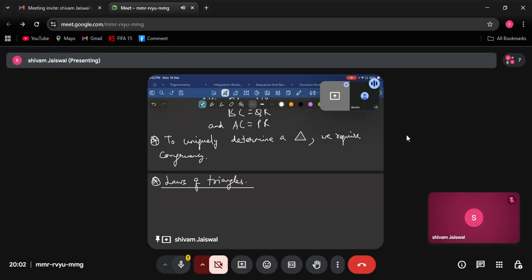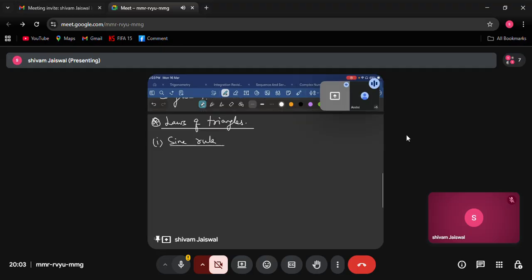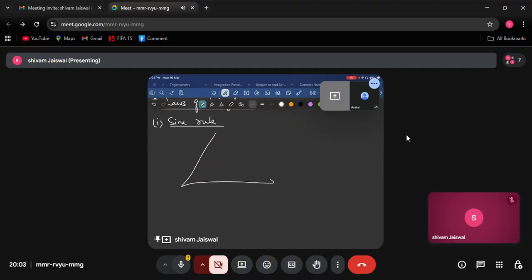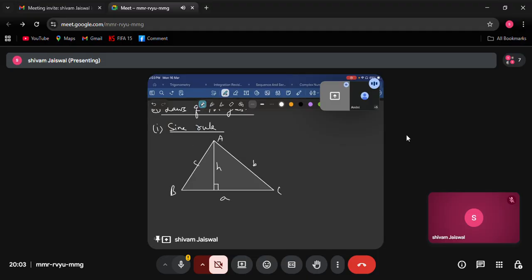Okay. First of all, we have the sine rule. So everyone remember the sine rule. If this is a triangle ABC with AB equal to c, AC equal to b, BC equal to a, and the perpendicular h. So what is the sine rule?